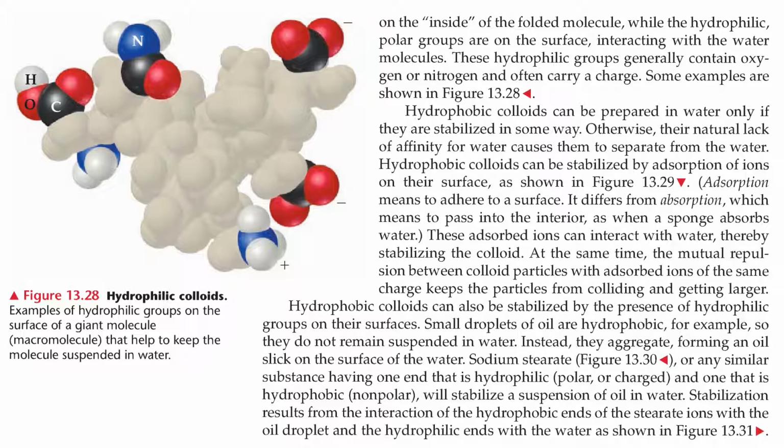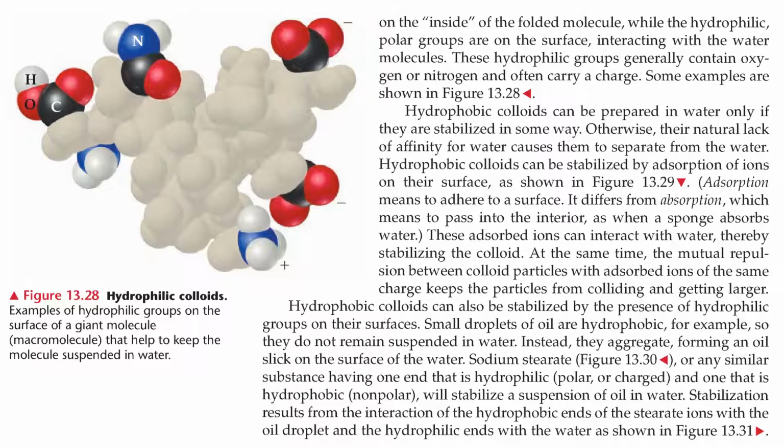Hydrophobic colloids can also be stabilized by the presence of hydrophilic groups on their surfaces. Small droplets of oil are hydrophobic, for example, so they do not remain suspended in water. Instead, they aggregate, forming an oil slick on the surface of the water. Sodium stearate, or any similar substance having one end that's hydrophilic, polar or charged, and one that's hydrophobic, nonpolar, will stabilize a suspension of oil in water.